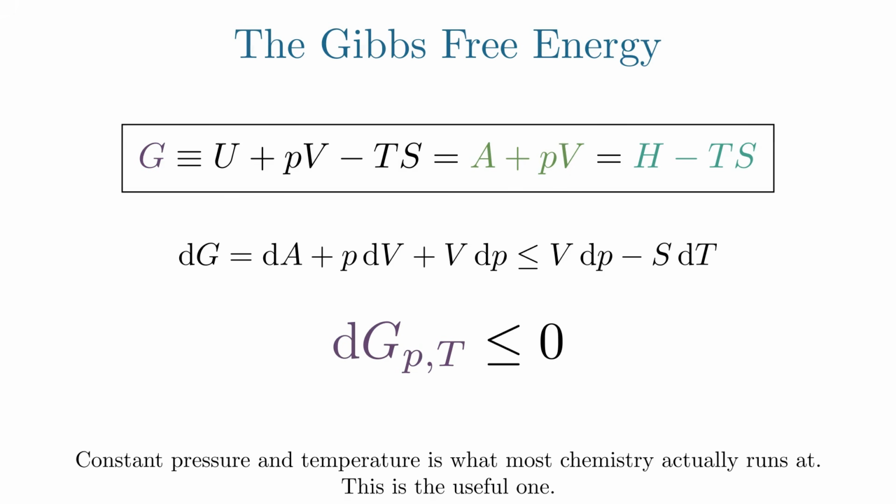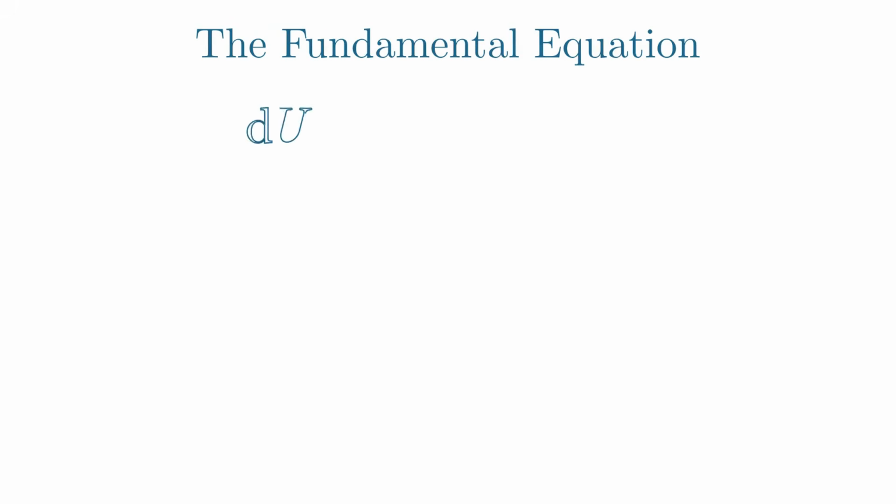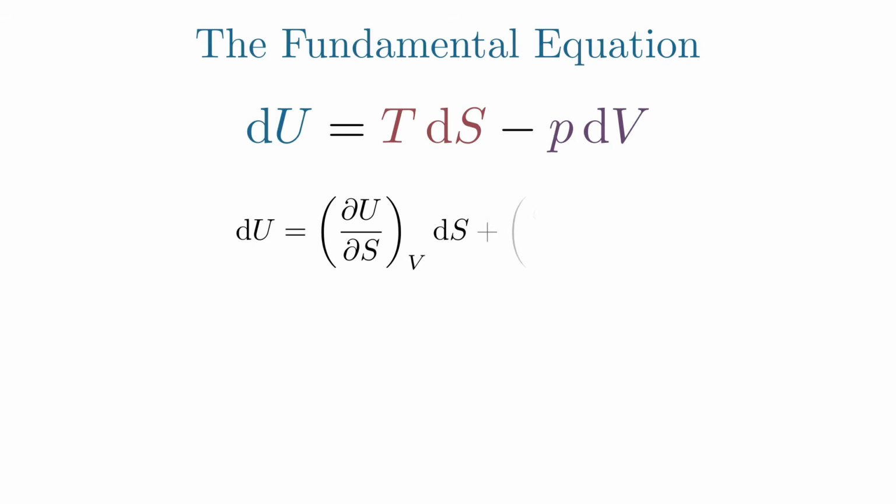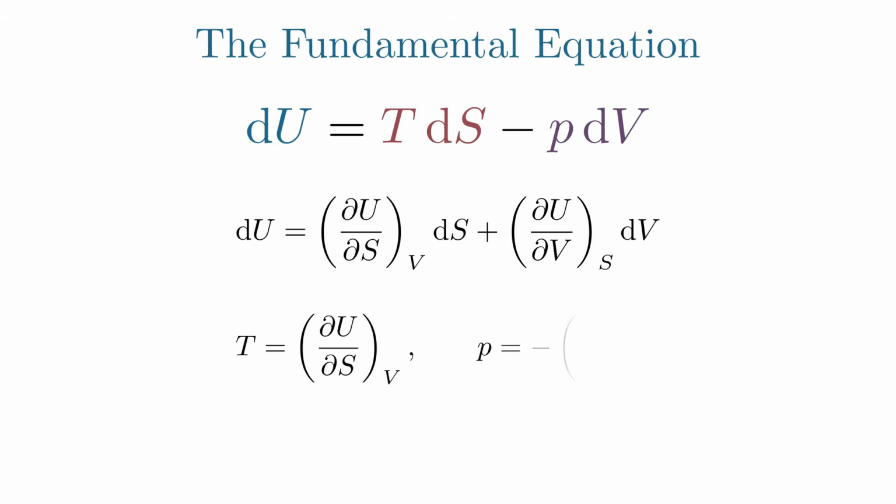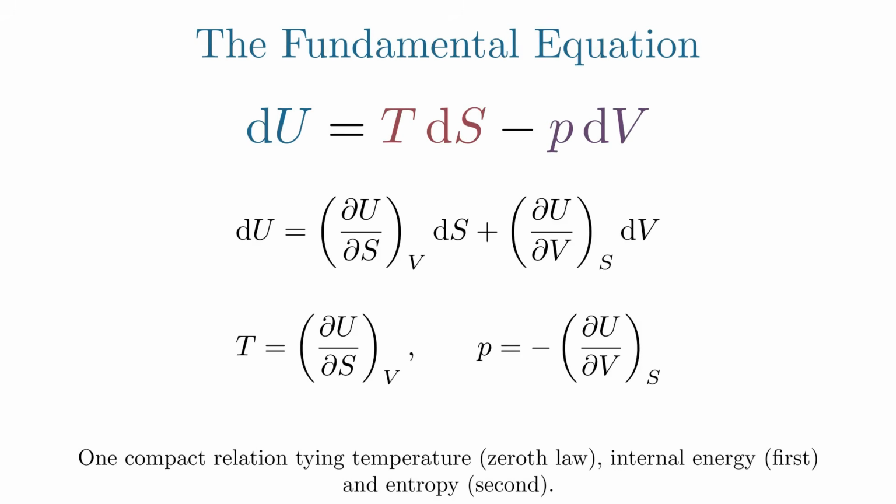Now consider a reversible process. We have dU = T dS − P dV. This is known as the fundamental equation. Since dU is an exact differential, we may also have dU = (∂U/∂S) at constant V dS + (∂U/∂V) at constant S dV.